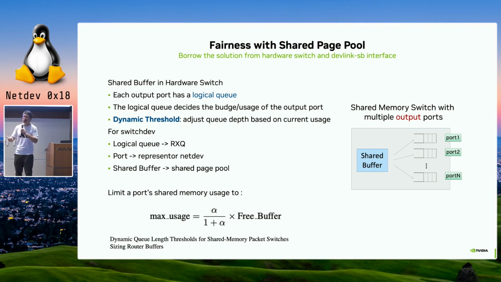If you are using over your own maximum utilization of your port, then I'm not going to give you more memory from the buffer. Think of this problem as our problem. The output port is like our representative Netdev, the logical queue in here is like our RxQ, and the shared buffer is the shared memory pool we are talking about.